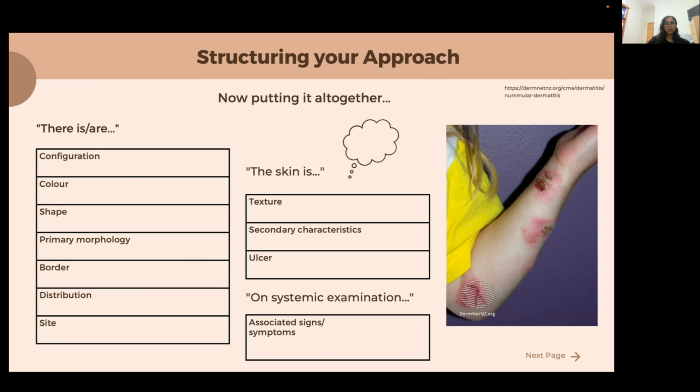Okay, here's another example. What words would you use to describe these lesions?